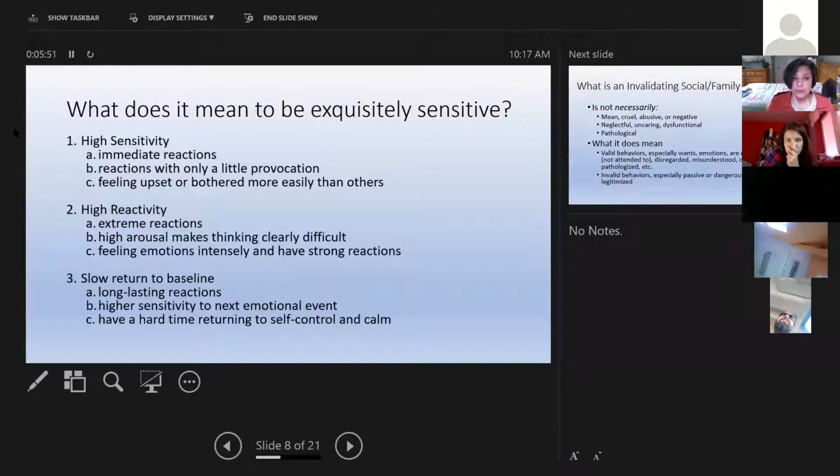They tend to have high reactivity, meaning their emotions are intense, and they tend to have very strong reactions. So it's not only that they feel emotions easily, but they react in a very intense way. They might become incredibly aggressive, and they have a hard time coming back down to baseline, a hard time remaining calm. When we go through the model a little more explicitly, I'll give you an example of the types of things that we see with these kids.